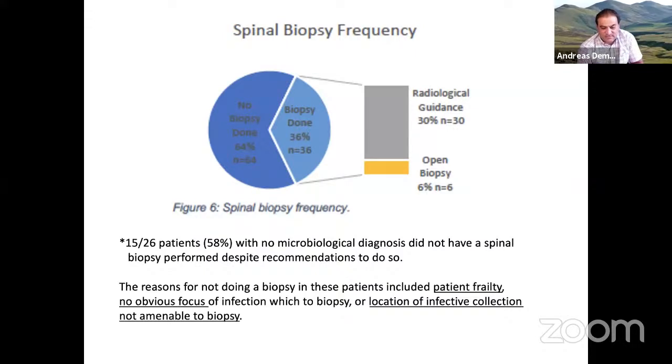And that's admittedly strange, but that is what the data show. 15 out of the 26 patients with no microbiological diagnosis also did not have a spinal biopsy, despite recommendations to go ahead with it. And the reasons for not doing that, of course, are reasonable. If we take into account patient frailty, no obvious focus to target a biopsy, or a location that was deemed not amenable to biopsy by the radiologist.